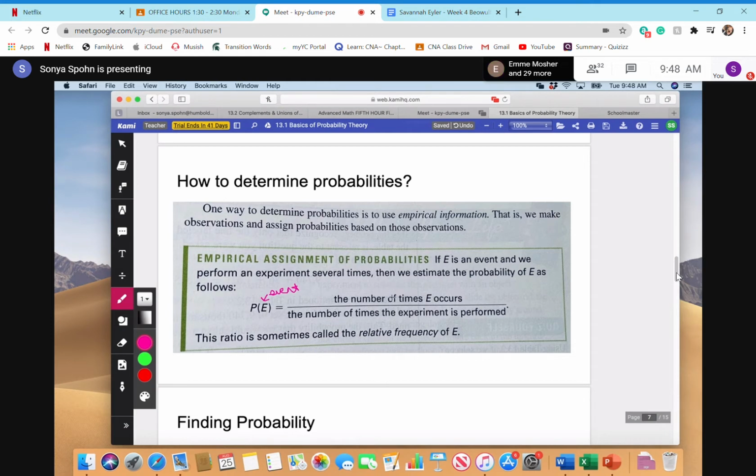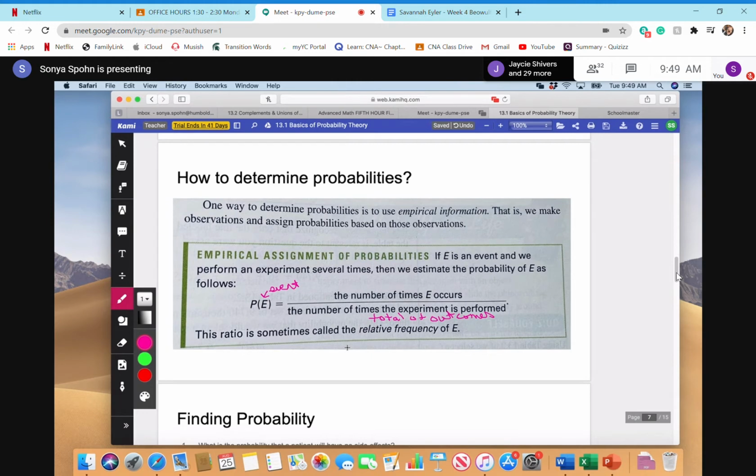In our problem, that's the number of times it could occur, so we would look at our outcomes and count up how many there are. And the number of times the experiment is performed, it could be an experiment or just the total number of outcomes. So it's whatever they're asking us to find the probability of, over the total. That's how you find probability.